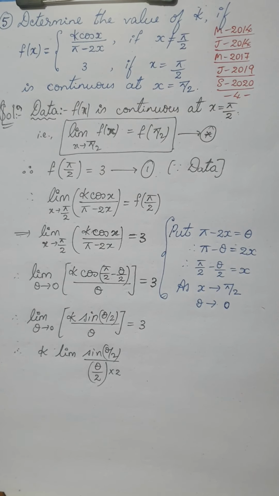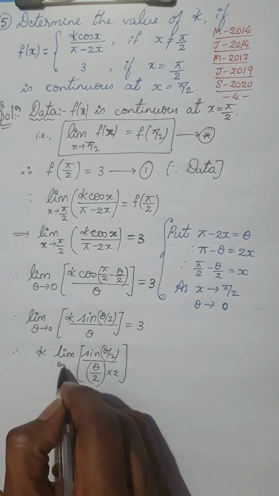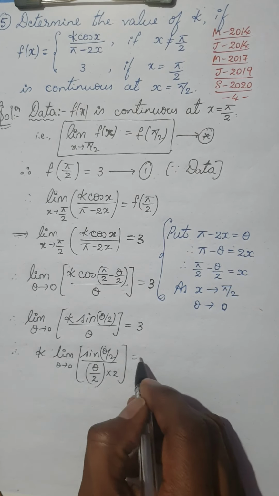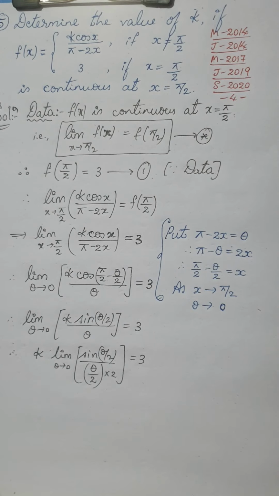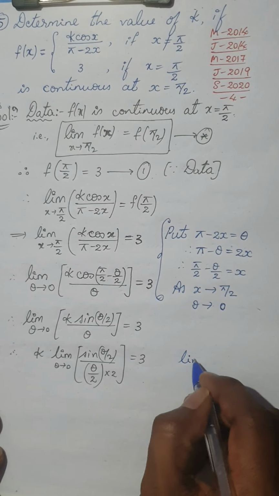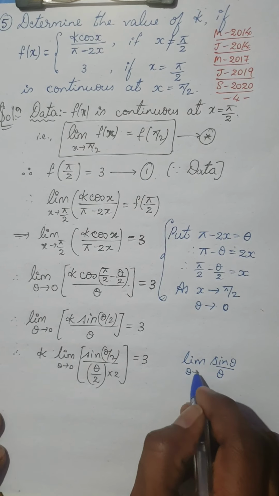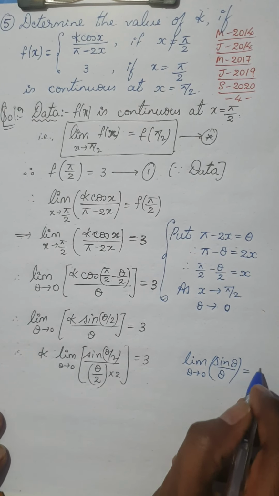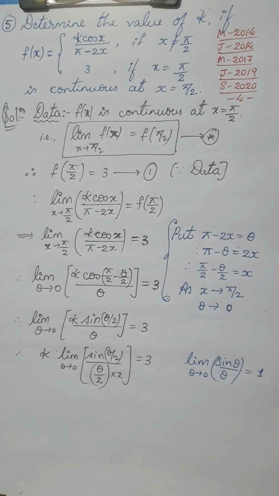See what happens. Why I'm doing this is that I want to use the result which we all learnt in first PUC: limit of sine theta by theta as theta tends to 0 is nothing but 1. So I have to use this result. That is why I'm considering this.